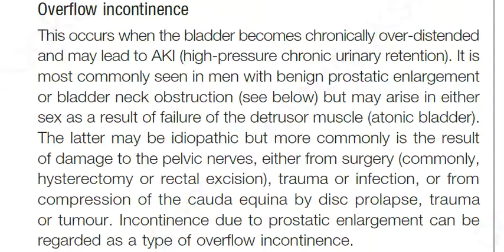The latter may be idiopathic, but more commonly is the result of damage to the pelvic nerves, either from surgery, commonly hysterectomy or rectal excision, trauma or infection, or from compression of the cauda equina by disc prolapse, trauma or tumor. Incontinence due to prostatic enlargement can be regarded as a type of overflow incontinence.